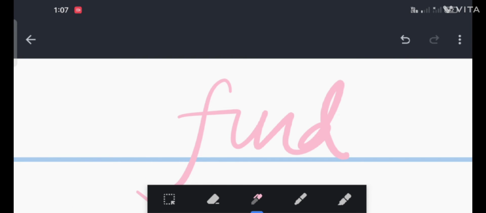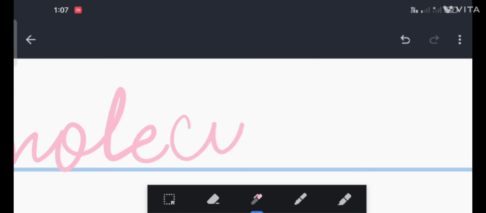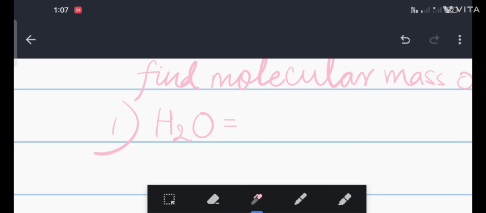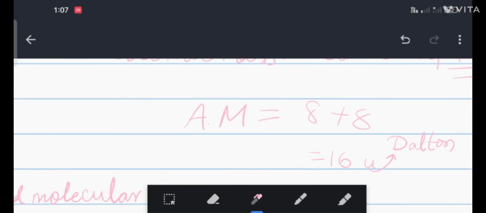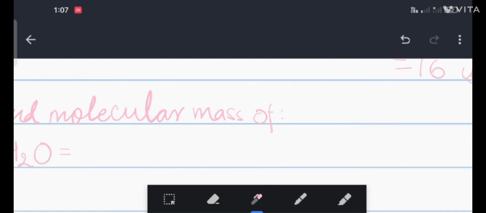Find the molecular mass of, the first one is H2O. Now we know that atomic mass number is the sum of protons and neutrons.